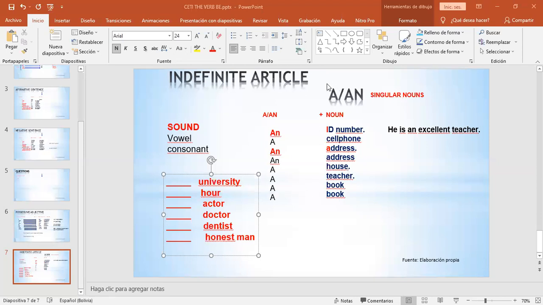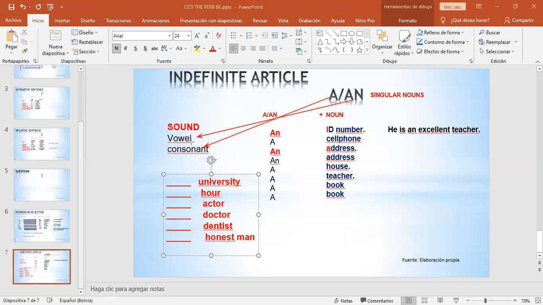In that case, we use an with a vowel sound, and a with a consonant sound.